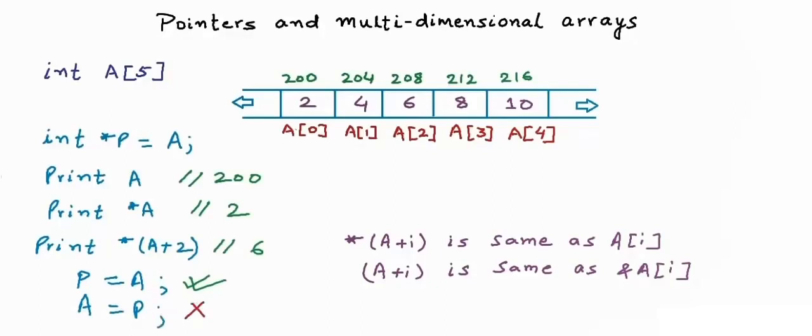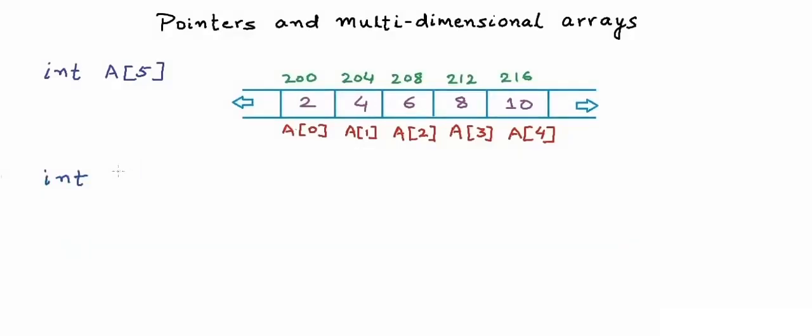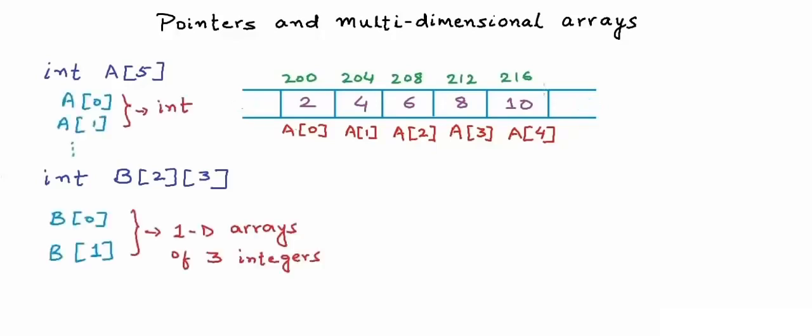Let's now say we want to create a two-dimensional array. I will declare a two-dimensional array of integers named B, something like this. Now what we are doing here is we are creating array of array. We are creating two one-dimensional arrays of 3 elements each. This time B[0] and B[1] are both one-dimensional arrays of 3 integers each.